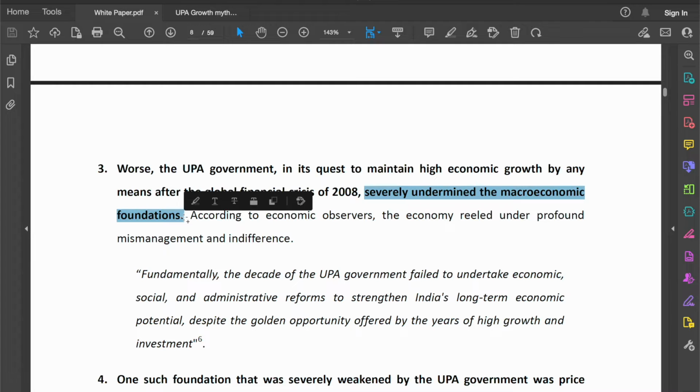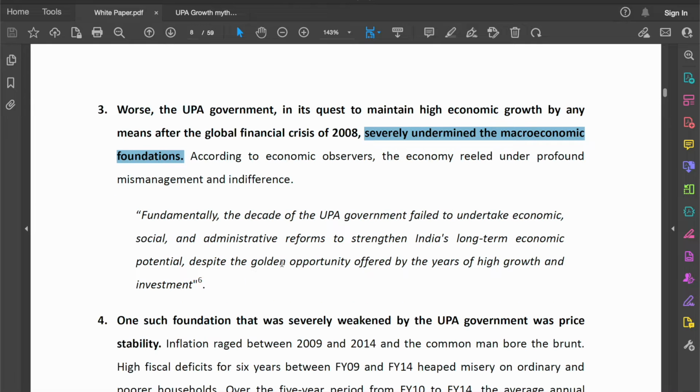Many countries started implementing different types of policies, where some focused on consumption, some focused on investment, and so on. The problem with the UPA government was that it focused a lot on consumption, and that too farm loan waivers, pay commission hikes and other subsidies, which worsened the macroeconomic foundations, which is true.